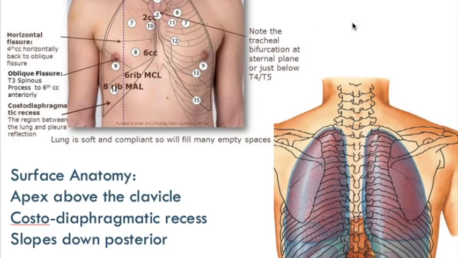Right, surface anatomy. When we look at surface anatomy, we talk about the structures that we can feel or see through the skin and relate that specific structure to the underlying organs. So in the thorax, we have quite a number of structures that we can physically identify by either palpating, so touching the patient, or looking.